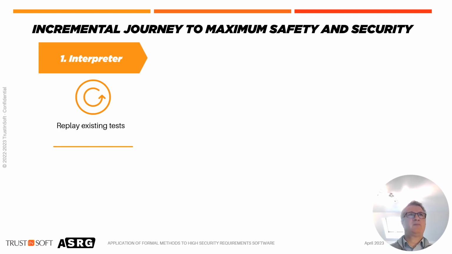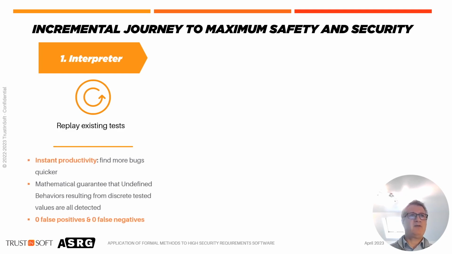The first step is called the interpreter mode, or level 1, and this one is really very easy if you already have unit tests, or tests in general, because you simply replay the tests with the analyzer, the input of the analyzer being the tests, because we do symbolic execution of the code.